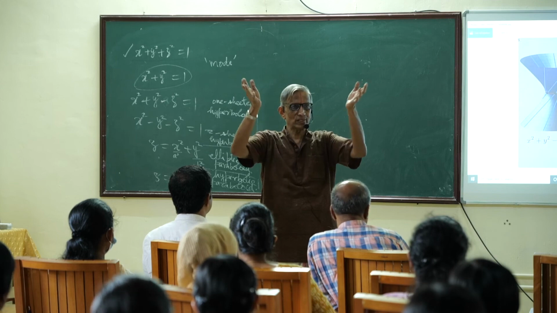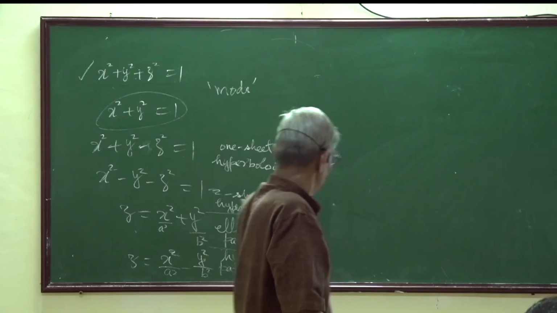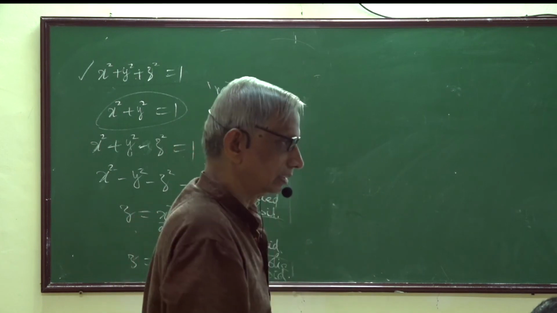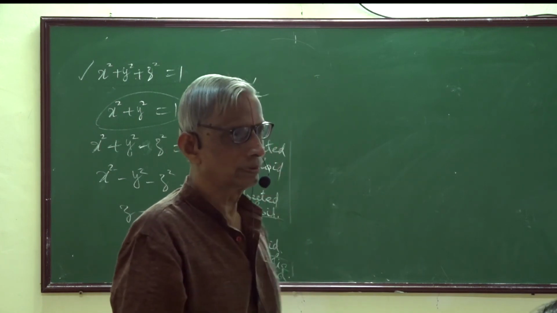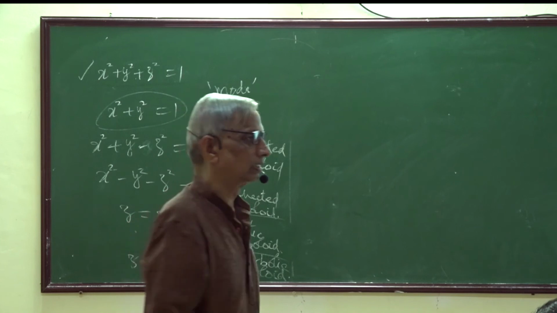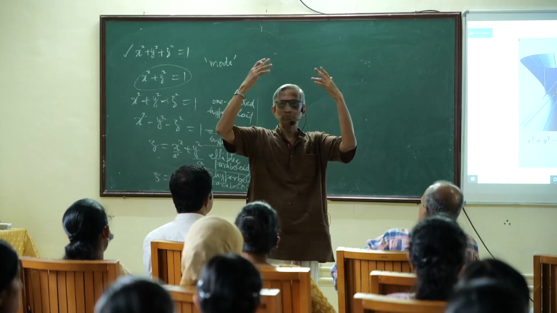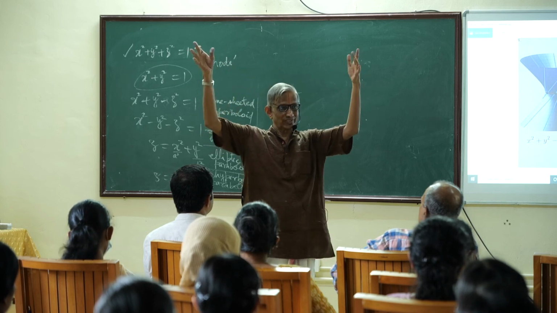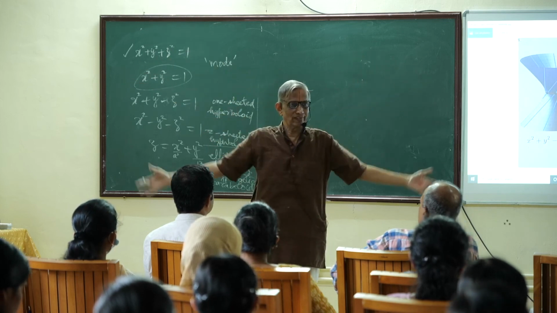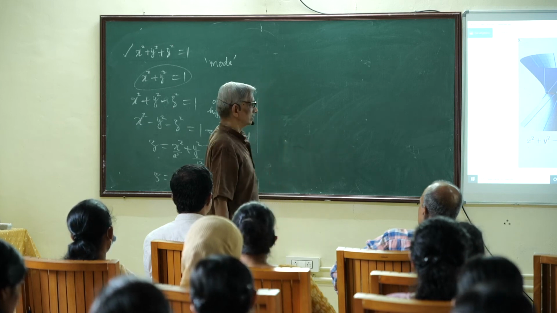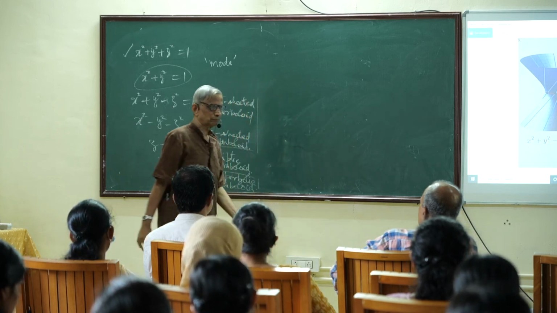Those dishes are shaped like a paraboloid, usually an elliptic paraboloid. And you might have seen, at least in pictures, telescopes, right? Large dishes they will have. Those are all paraboloids only.